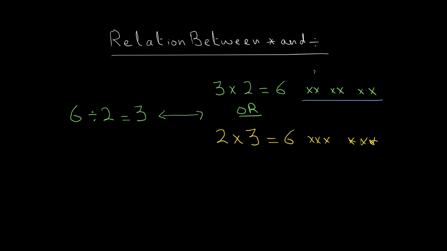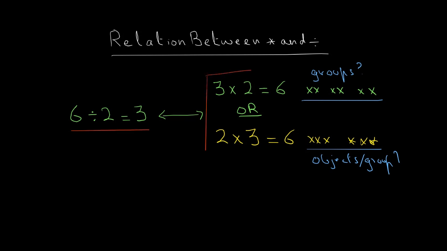So this question would be about how many groups, and down below, the question would be about the number of objects per group. Okay, and that's the relationship between multiplication and division. Multiplication is just change of notation, and we're really defining division. So this is defining division in terms of multiplication.